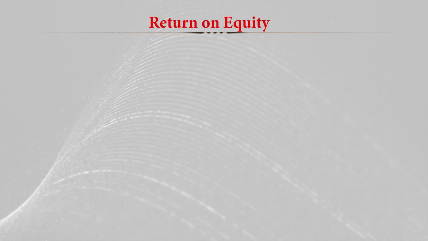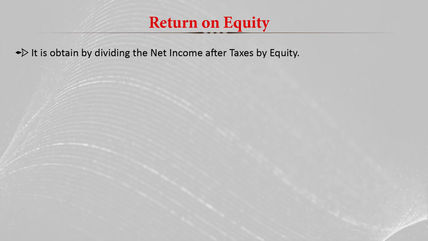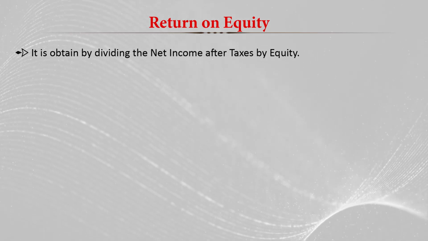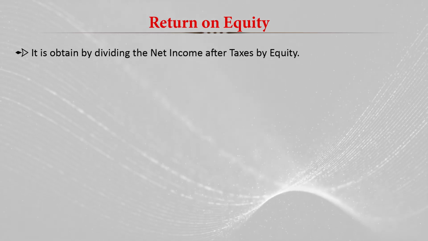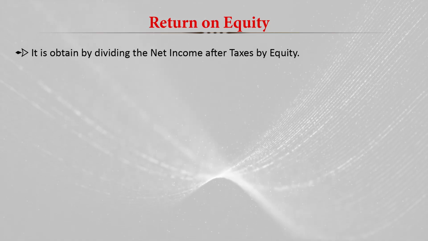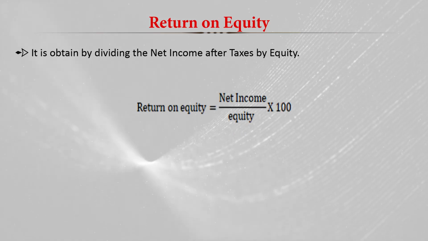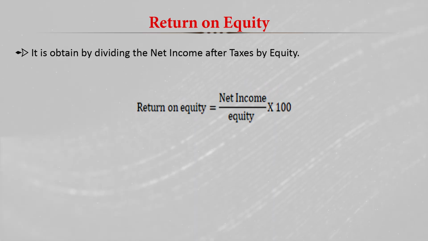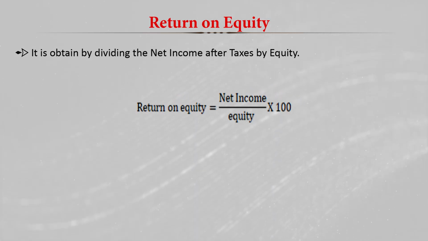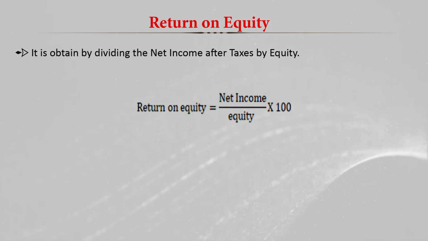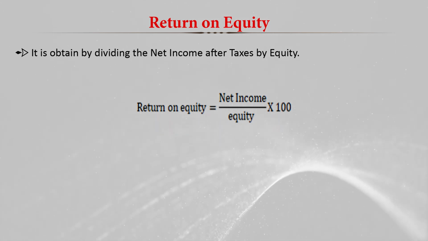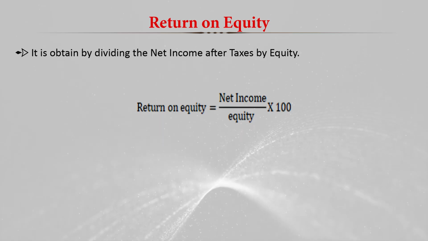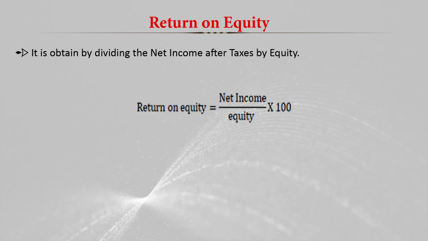Return on equity is another ratio, and it is obtained by dividing the net income after taxes by equity. So when we divide the net income after taxes by the equity, we get the return on equity. It means how much net income we are getting based on our own investment in a firm or in a company.